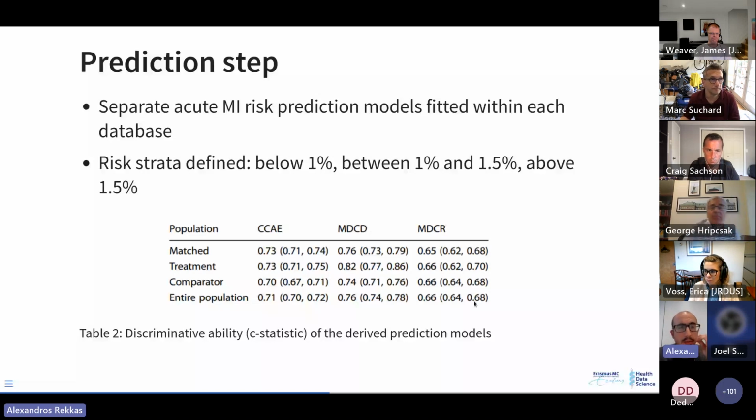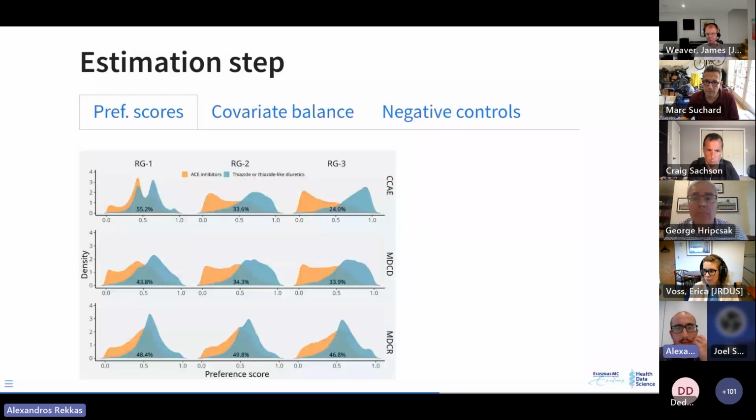Now for the estimation step and the evaluation of some diagnostics. When we look at these preference score distributions across databases and risk strata, we immediately see that in CCAE there may be a problem, especially in the higher risk patients, where we see that the distributions are a bit separated.